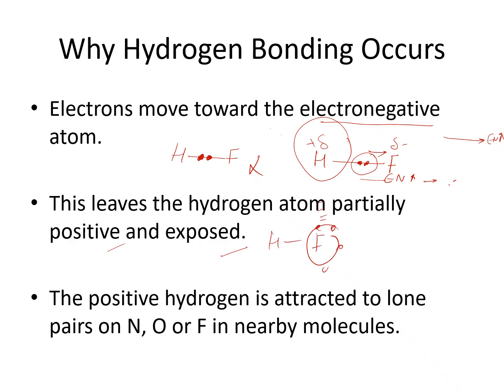So this lone pair can get attracted towards the hydrogen because it has a partial positive charge. It is a dipole and fluorine has three lone pairs, right? So they are attracted with a very good strength. All right. So that's why they have a very good strength.